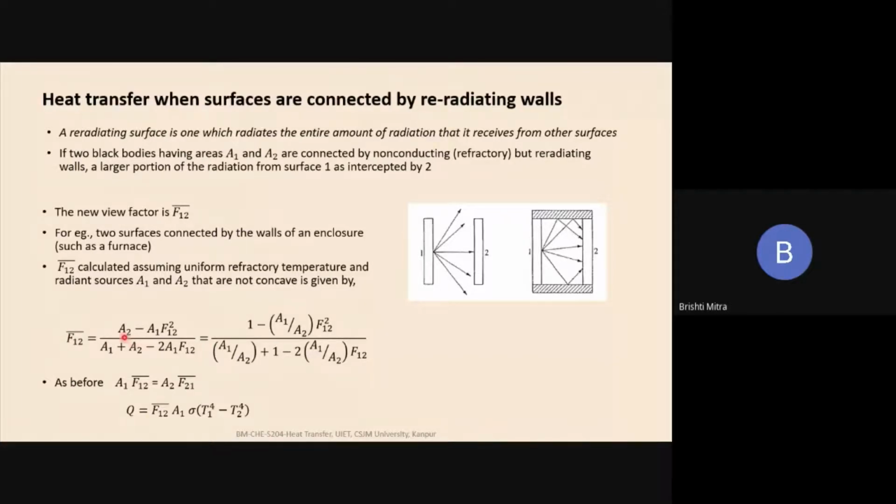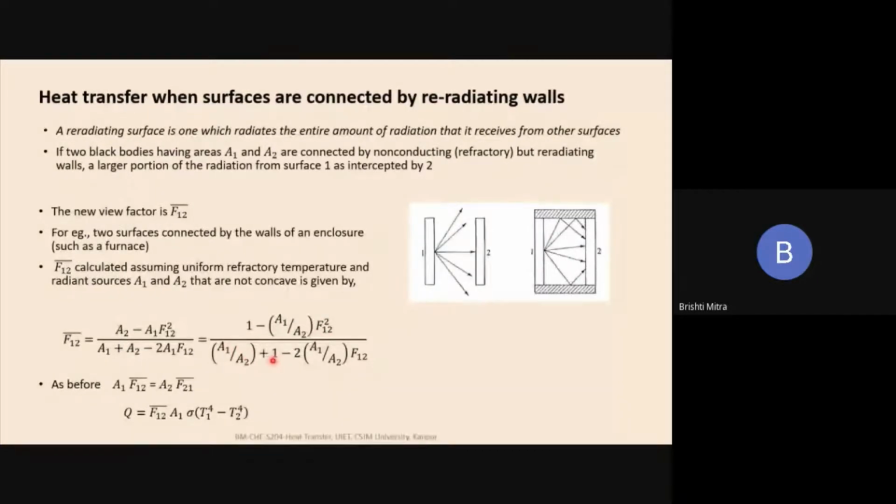So if I divide it by A2, this becomes (1 minus A1 by A2 F12 squared) divided by (A1 by A2 plus 1 minus 2 times A1 by A2 F12). It is highly possible that A1 and A2 might be equal. If they are equal, this ratio becomes equal to 1. So this is 1 plus 1 becomes 2, 2 minus 2 times F12.